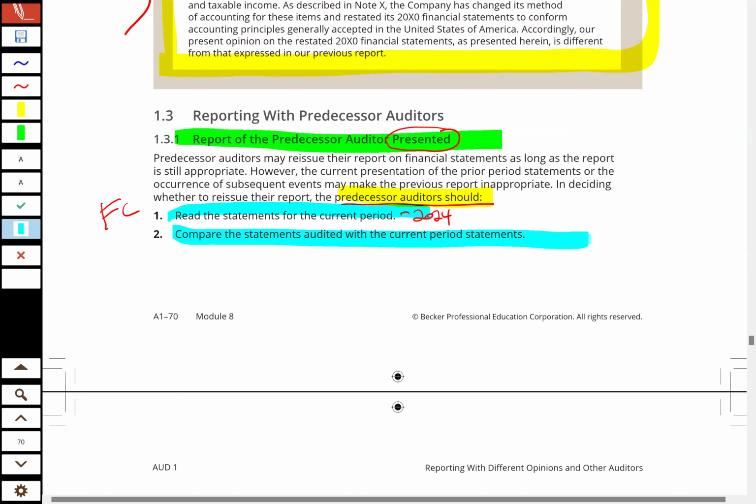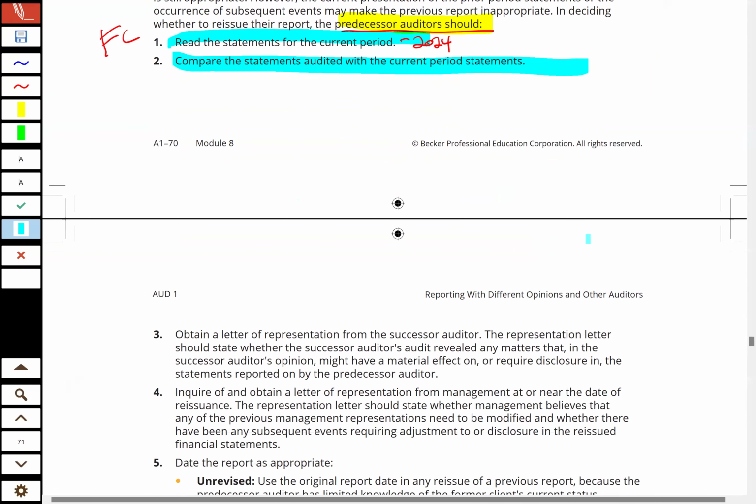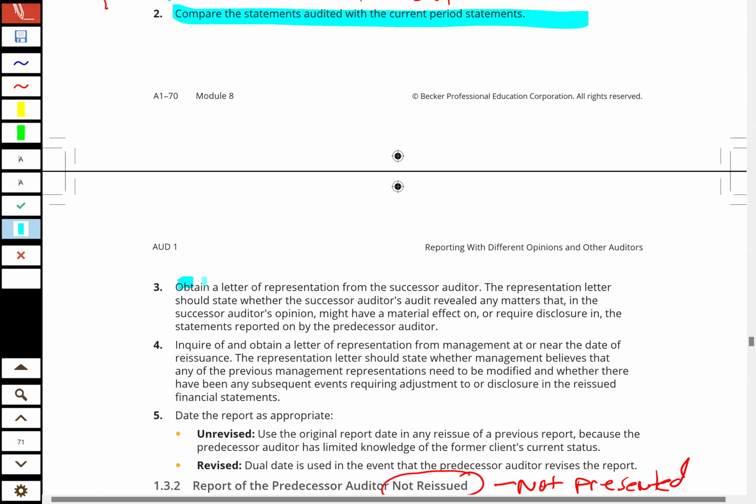Maybe you'll do a set of analytical procedures saying, well, wait a minute, why did revenue jump? Was it wrong last year? Or why did it drop? Was it wrong last year or is it wrong this year? What's going on? Okay. Then you're going to ask for a letter of representation from me, the successor, and see if I'm aware of any matters that were revealed about the previous year's report.